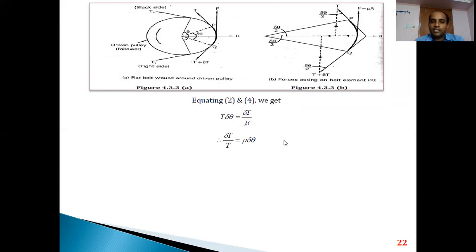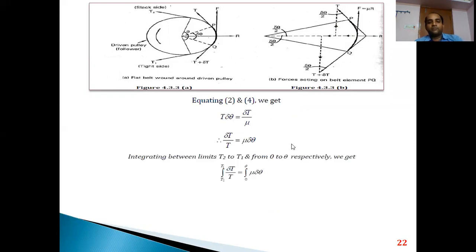Now, as I told you, we are doing this for our elemental arc length PQ. You can integrate these terms with the limits from T2 to T1 and the angle from 0 to theta.